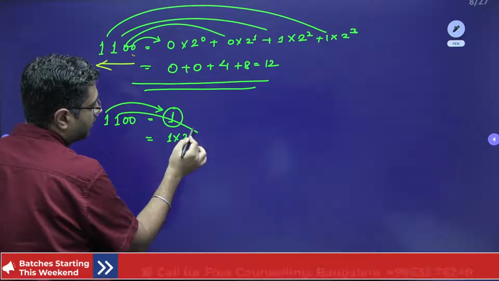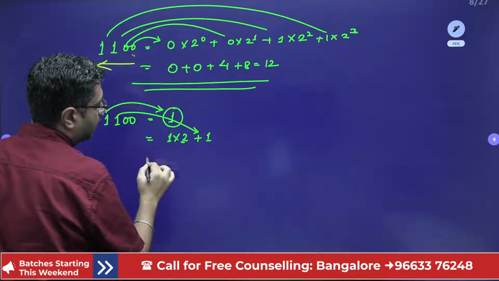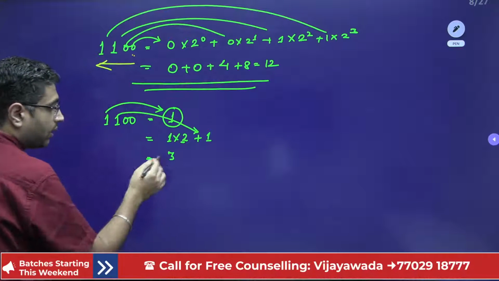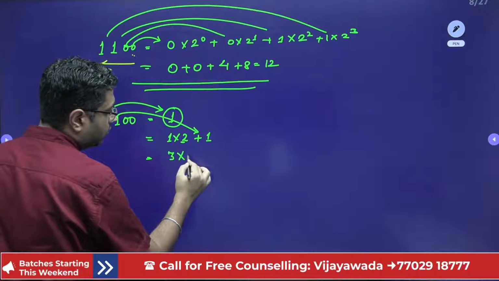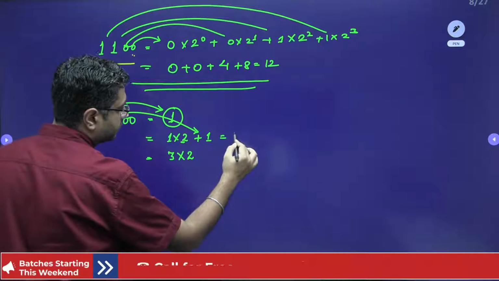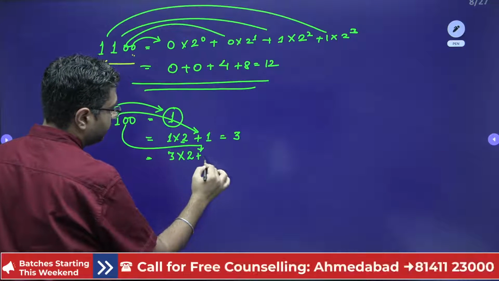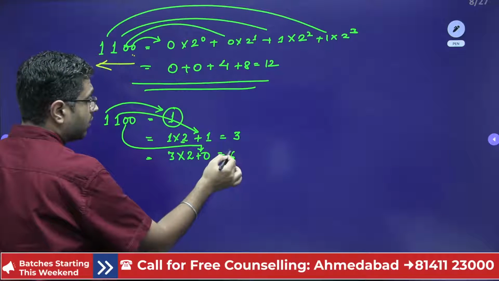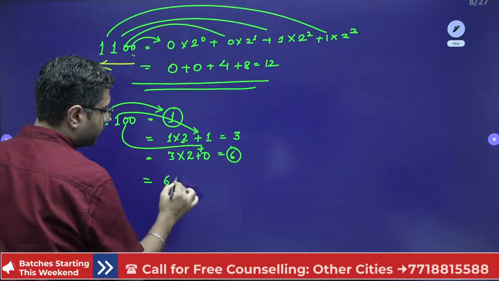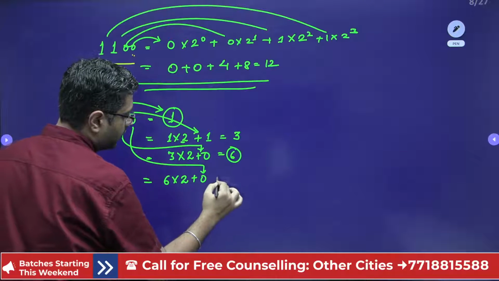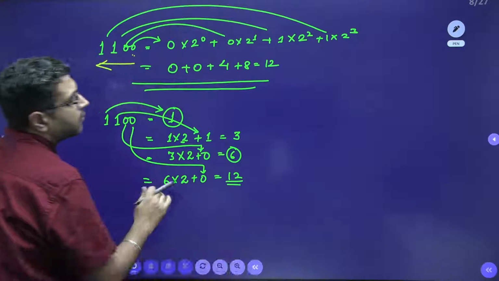Then you take the next number. What you get is 2 into 1 is 2 plus 1 is 3. Now whatever you got in the last step, you multiply it with 2, then you add what is given to you. You get 6. What you got in the last step, you multiply it with 2, then you add the next number, that is 0, and you will get 12. So this approach also gives you 12.